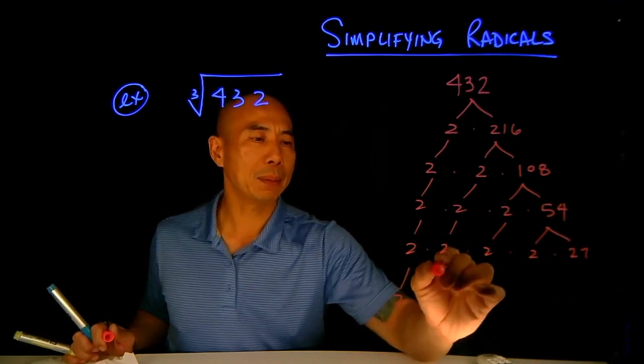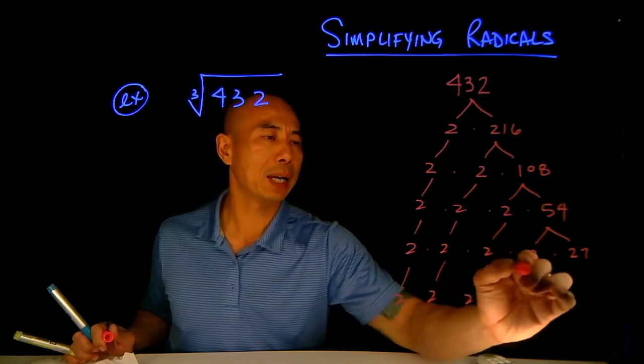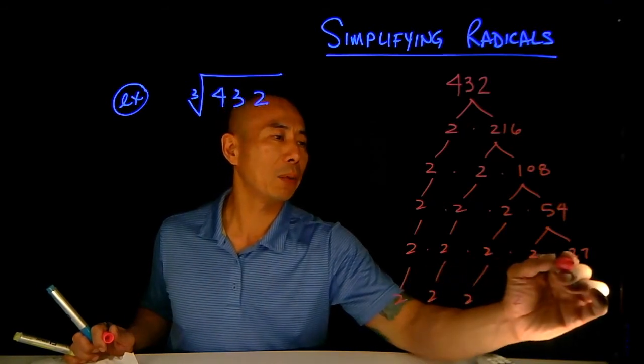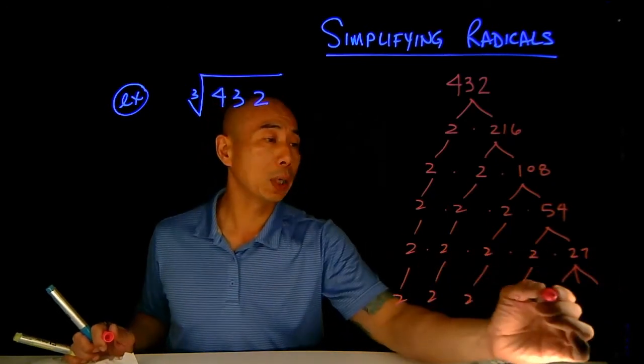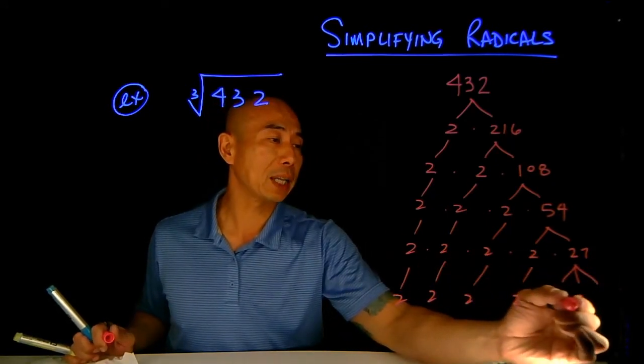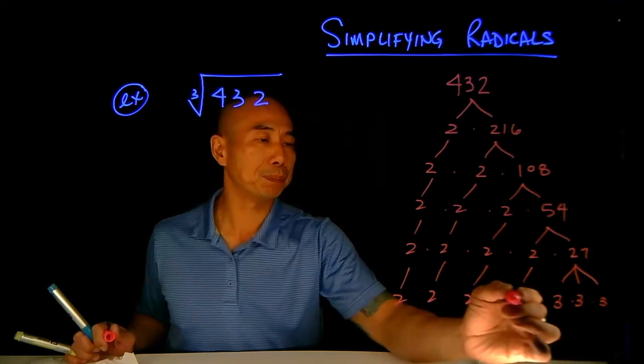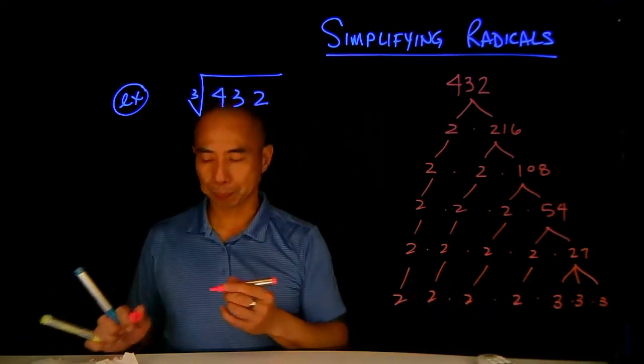I'm going to do a shortcut right here and tell you that 27, in case you didn't know, is 3 times 3 times 3. And there we go.